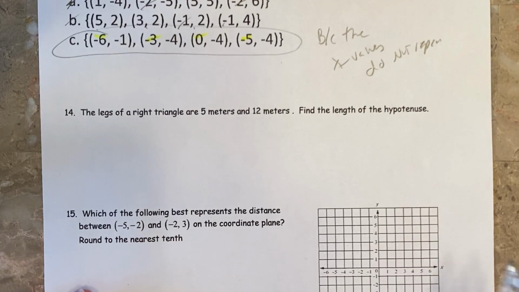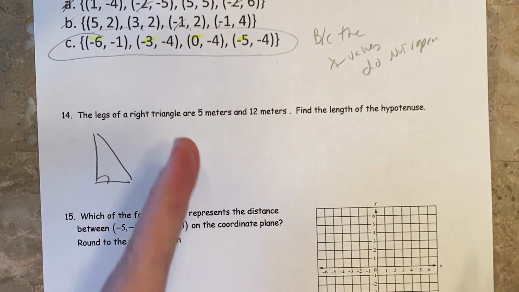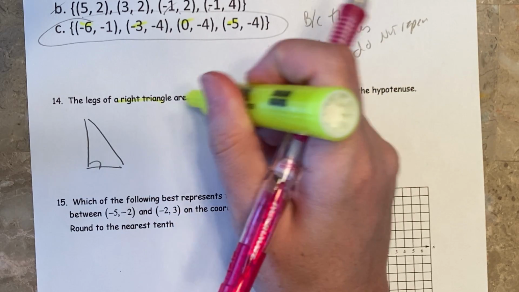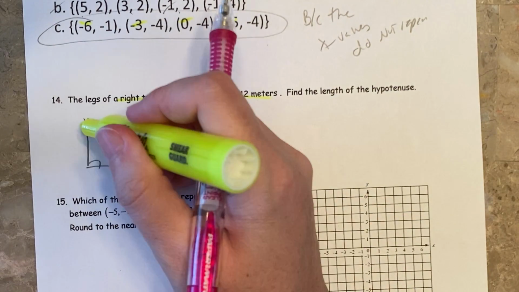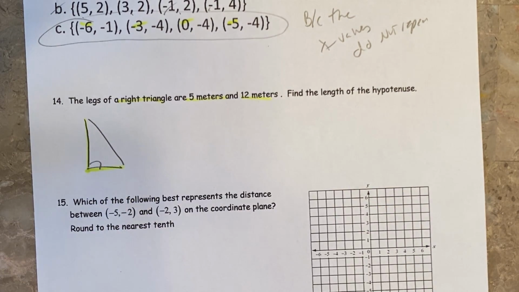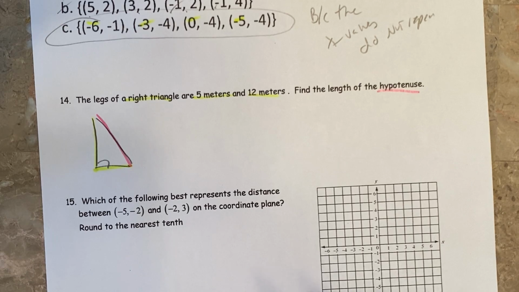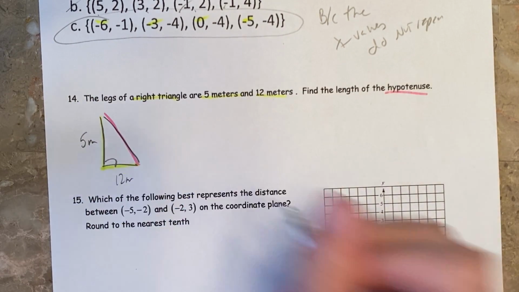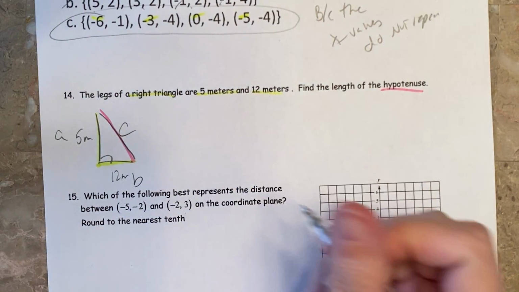All right, 14. We got that right triangle again. You're going to notice that all these questions are exactly like the ones I just taught you, so you can use those as a guide to help you out. You have your 2 legs, and we have our hypotenuse, which is what we're solving for. The legs are 5 meters and 12 meters. Hypotenuse is always c, and a and b are interchangeable.